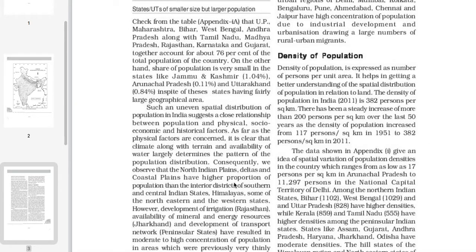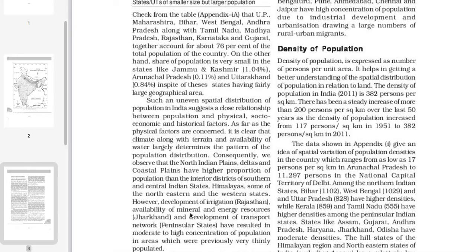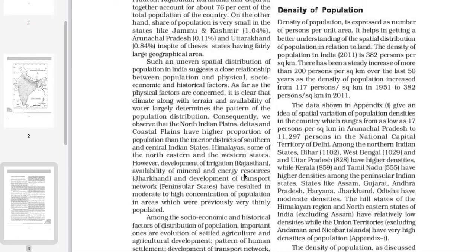These areas in India are the North Indian plains, deltas, and coastal plains. Here the population is high as compared to the southern and central Indian states, Himalayas, some northeastern states, and western states. However, development of irrigation, availability of minerals and energy resources, and development of transport network have resulted in moderate to high concentration of population.